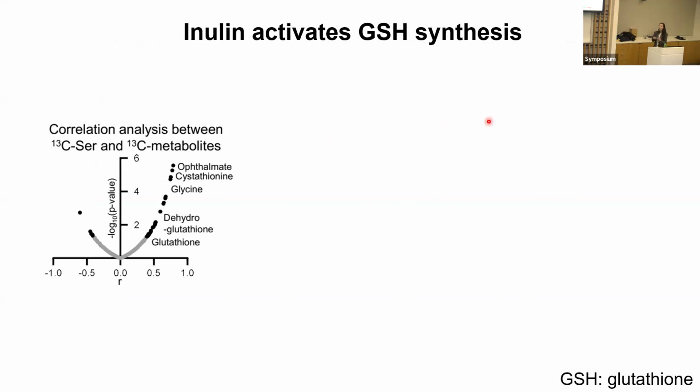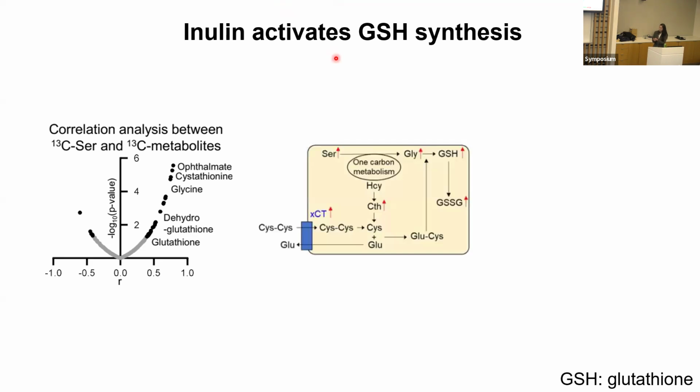Also, using unbiased correlation analysis, we found this increased serine level is strongly positively correlated with glutathione synthesis metabolites. We also found not only glutathione, this metabolite also increased in level by inulin supplementation.